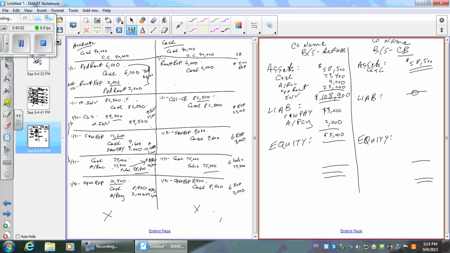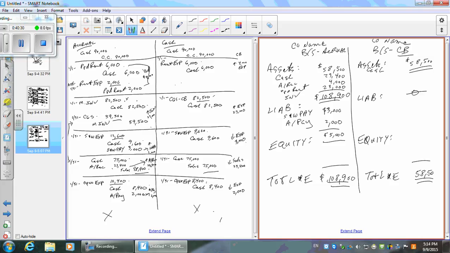By the way, we can figure out what we've got to have here, can't we? What do you think the equity is going to be in total for total liabilities and equity, right? What's the total going to be here? 108.9, I hope. Okay. What's it going to be over here?